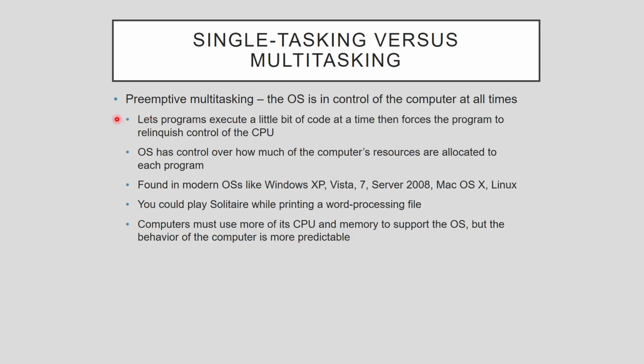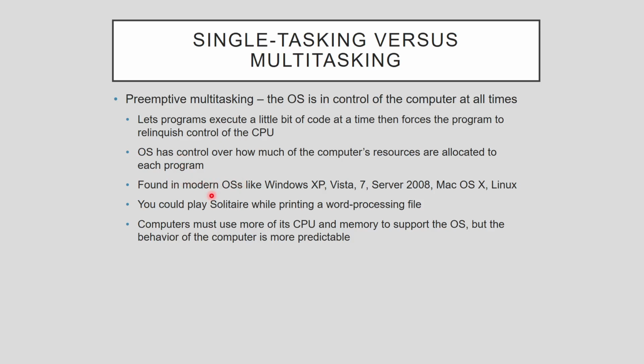In preemptive multitasking, the operating system is in control of the computer at all times. It lets a program execute a little bit of code at a time, but immediately after the code executes, it forces the program to relinquish control of the CPU back to the operating system. It then takes the next program and repeats the same process.